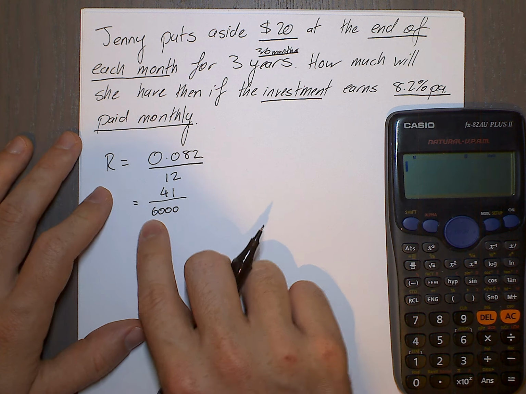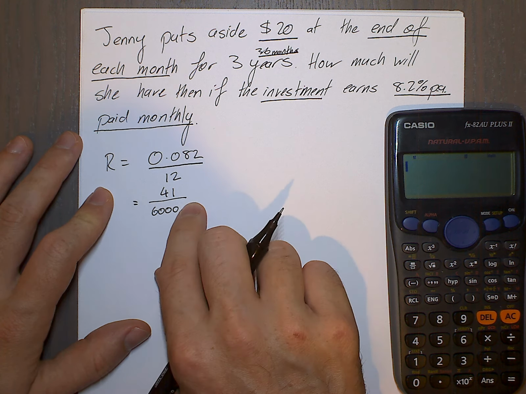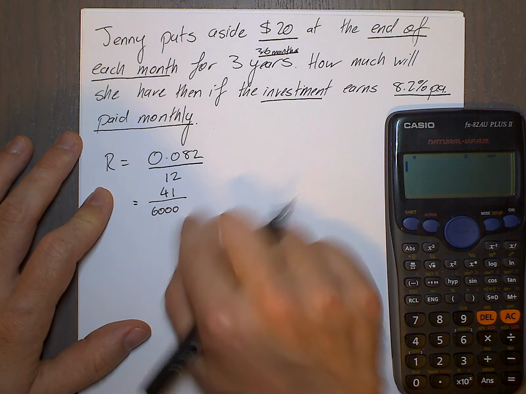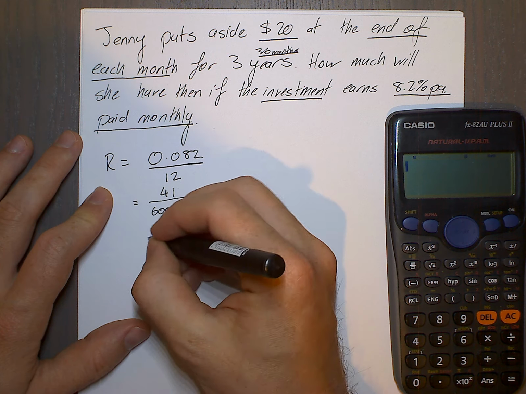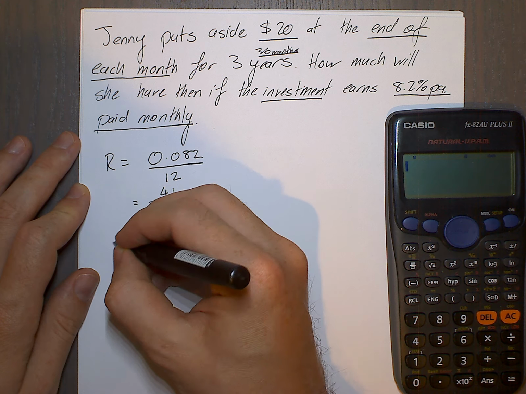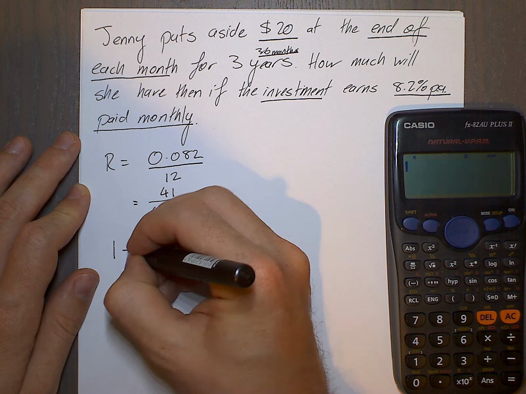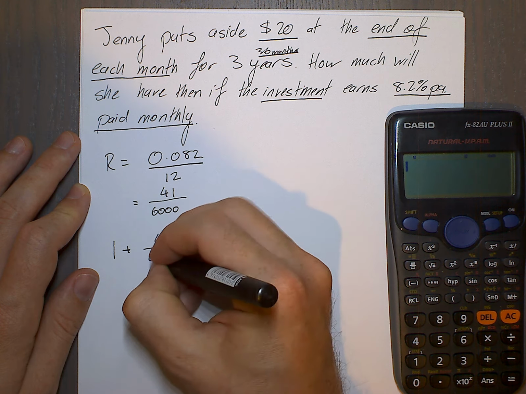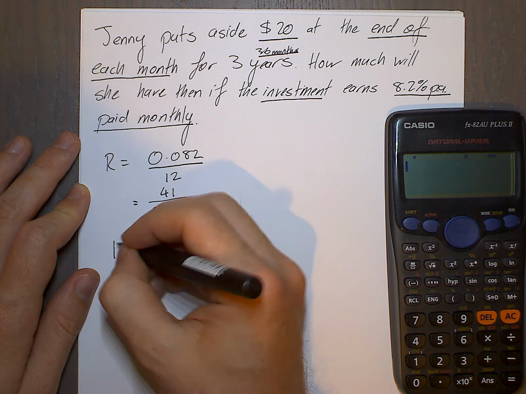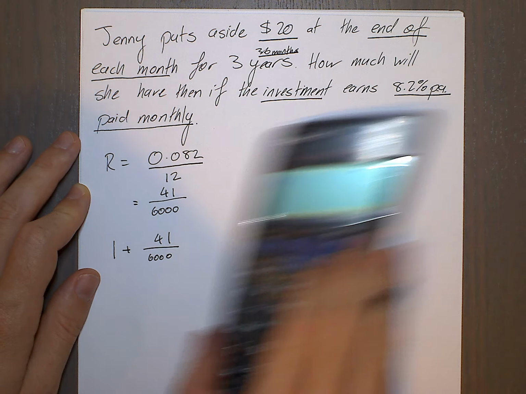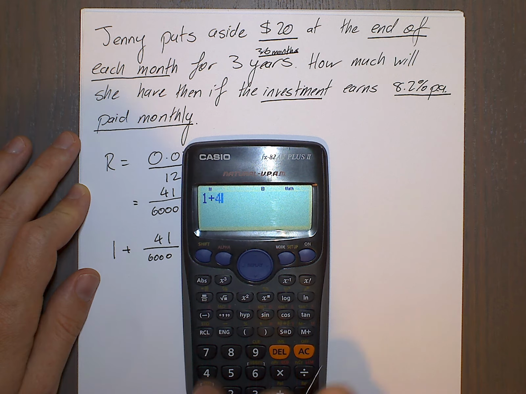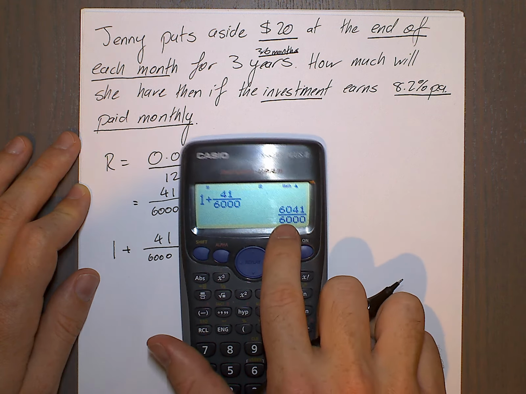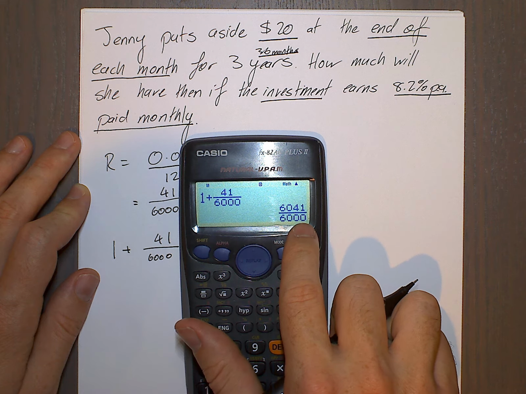What's important here is that this actually needs to be 100%. And for this to be added on as a 1, you need to plus 1 to this. So we would change this to 1 plus 41 over 6,000. If we do that, it's going to give us 6,041 over 6,000.